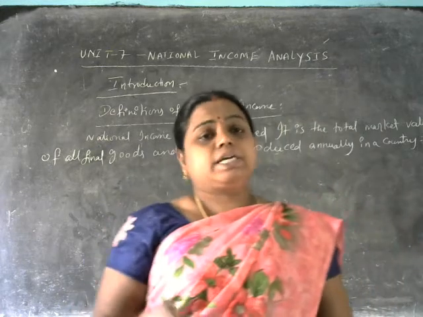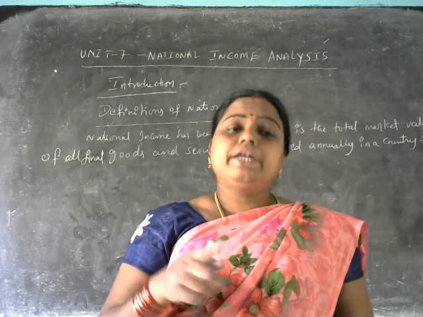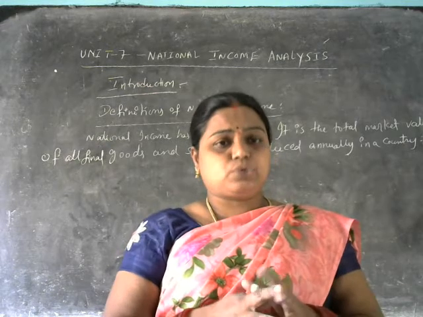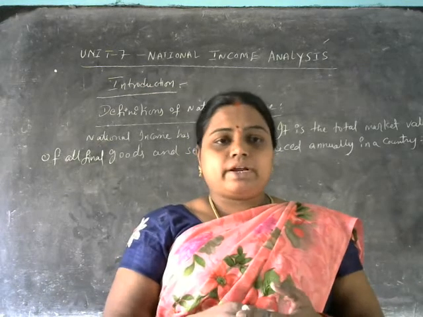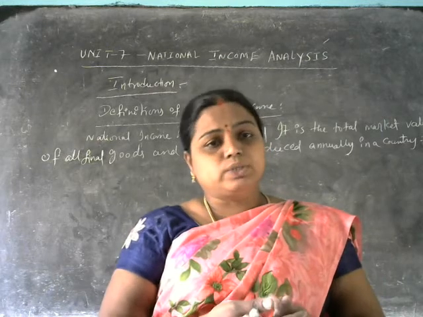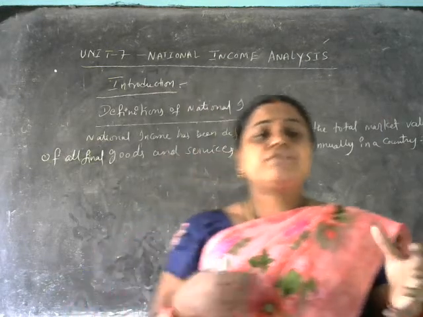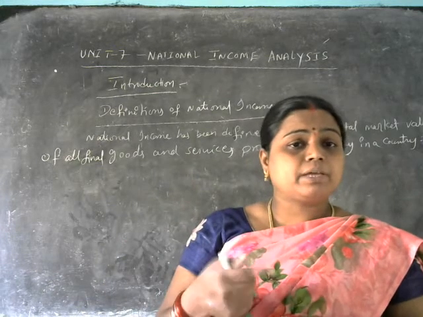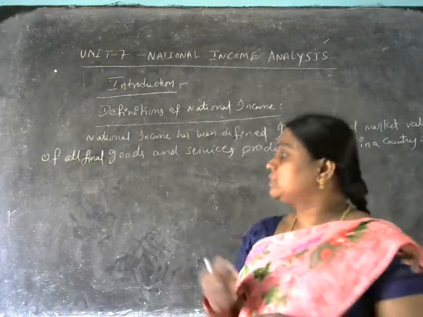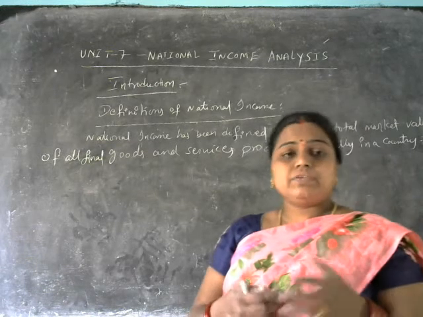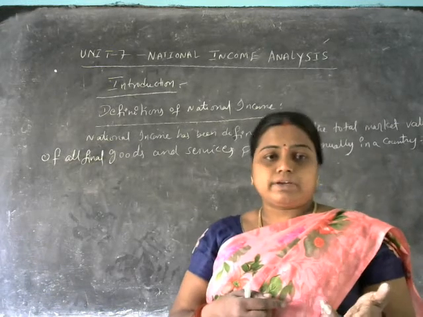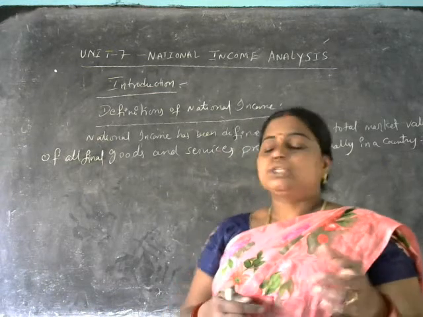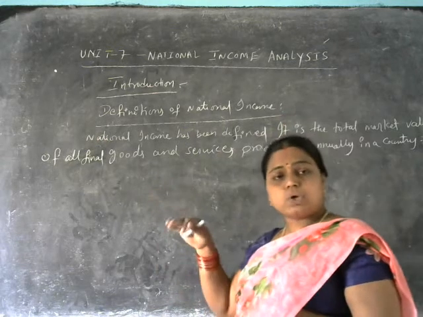Each district, each mandal, each village, and each state of that country together produce different goods and services, multiplied by their particular prices. Final goods means those which are readily available for consumers, for direct utilization by the consumers. Finished goods are also called final goods.